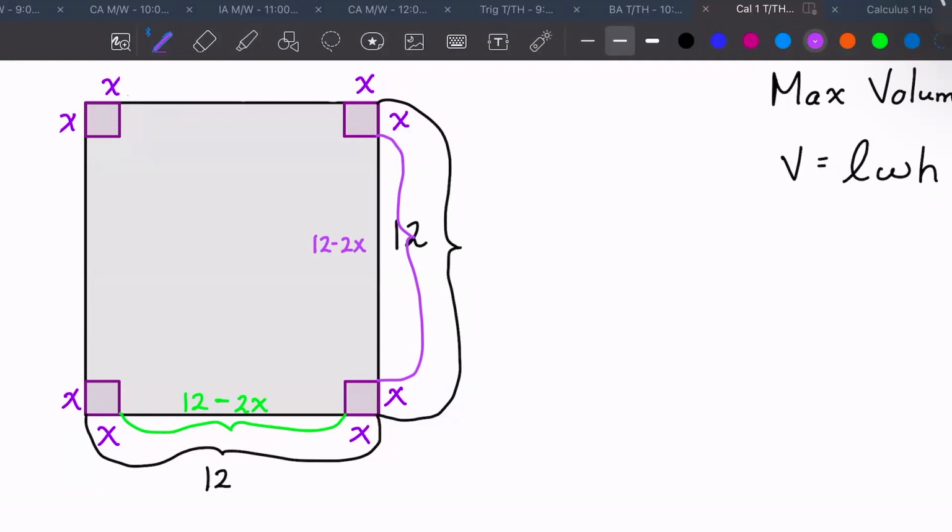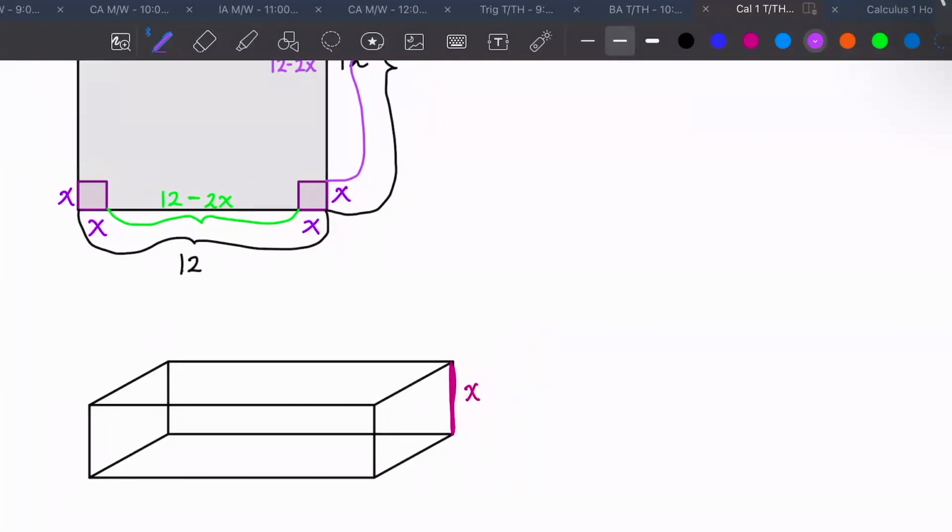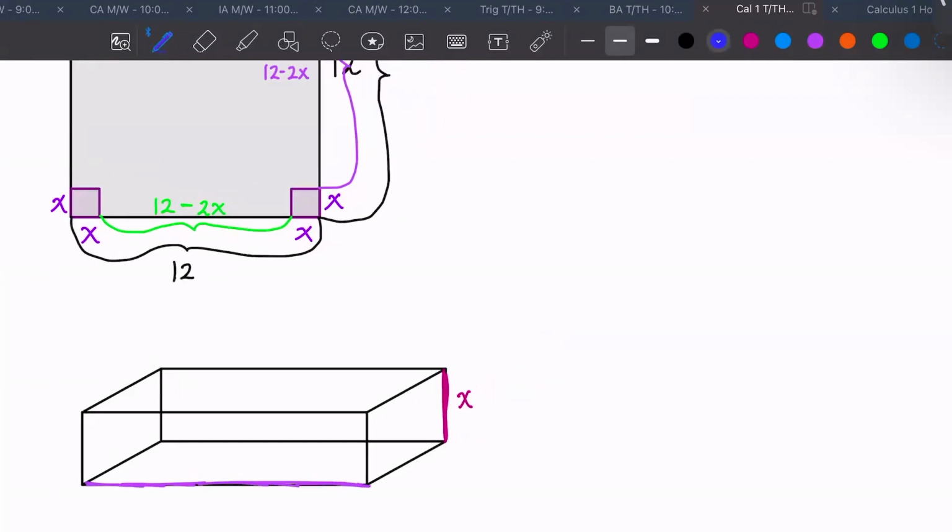So what we really have going on here is this, which would be the length, and this, which is the width, is actually 12 minus 2x.